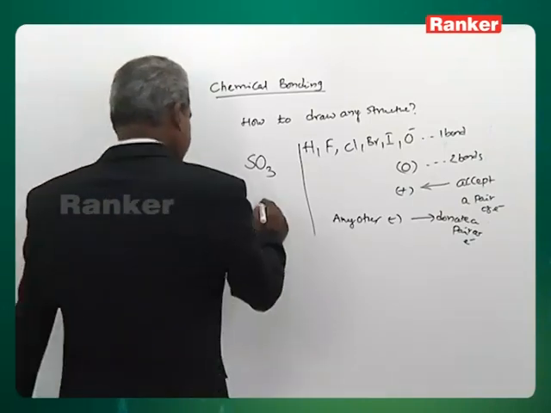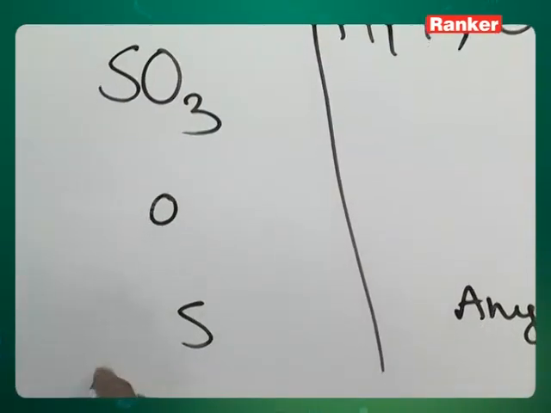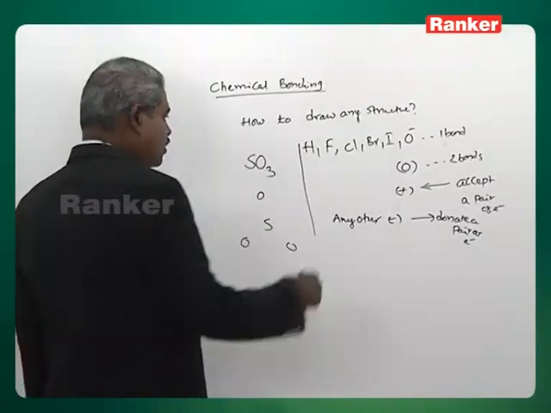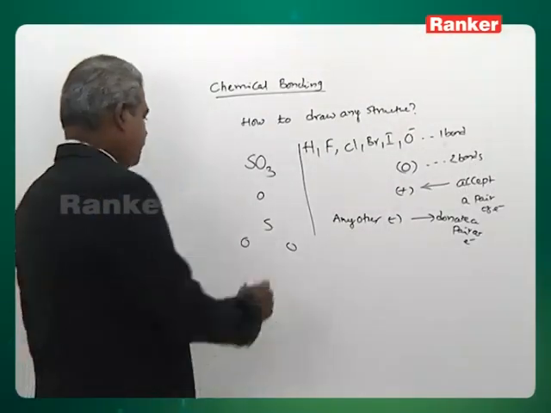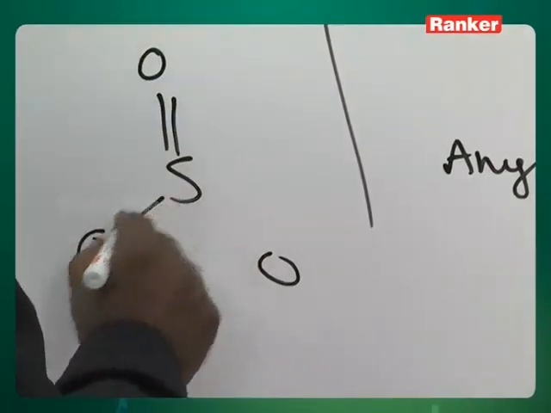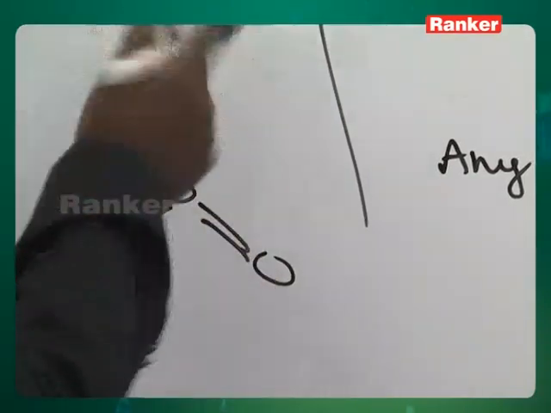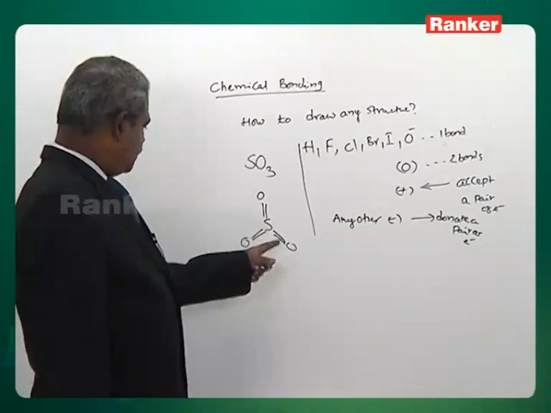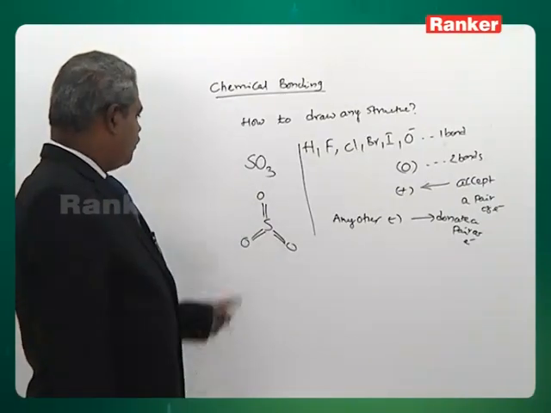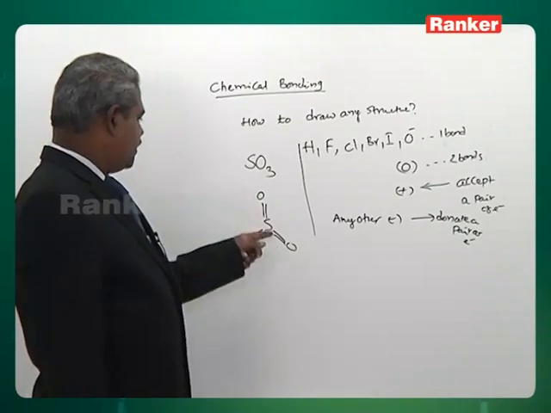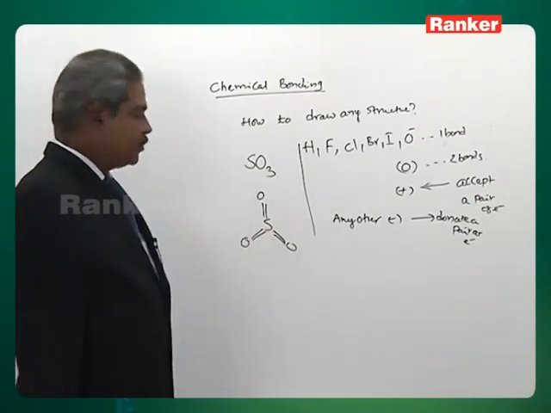And 3 oxygens. What is the role of oxygen? We already discussed: oxygen forms 2 bonds. Now we have got 3 sigma and 3 pi bonds. SO3: 1 sulfur, 3 oxygens, each of them forming 2 bonds.